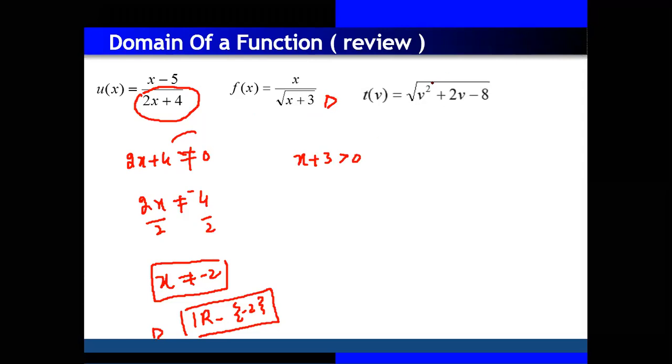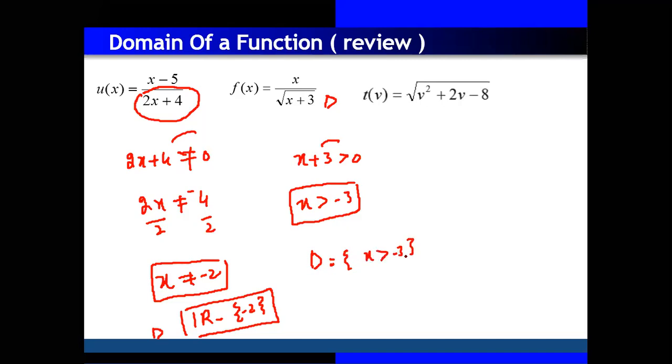Excellent, Wali. Yes, thank you, Diva. So if you transfer this to the other side, x is greater than minus 3. So all values greater than minus 3 are possible. The domain is all values in which x is greater than minus 3, from minus 3 not included till plus infinity. This is the domain of the function.